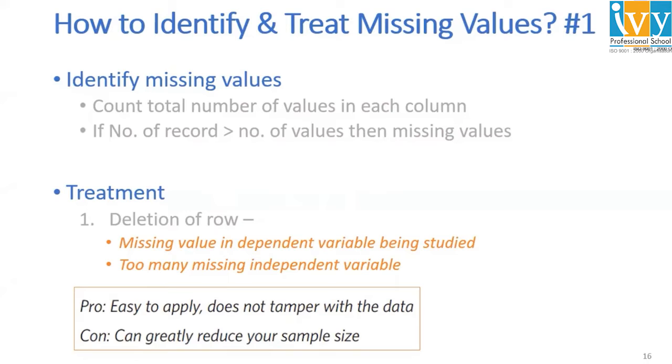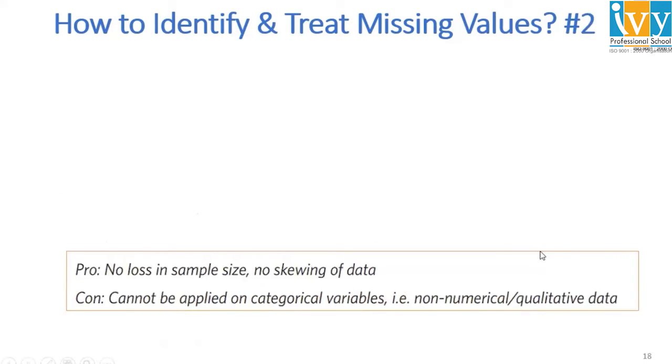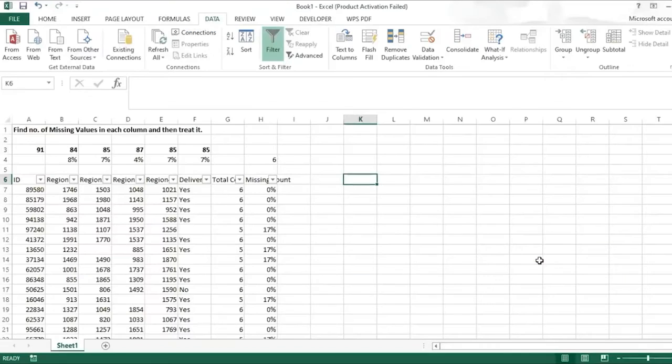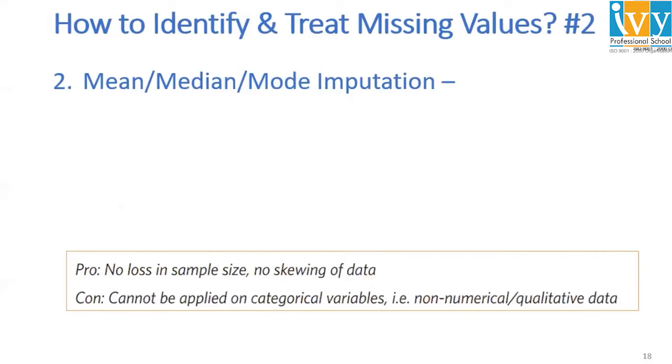So now let's see how to identify and treat the missing values in another way. Let's go back to our data. This is the data, and we have seen that it has too many missing values. So let's see the methods. The methods are mean, median, and mode imputation.